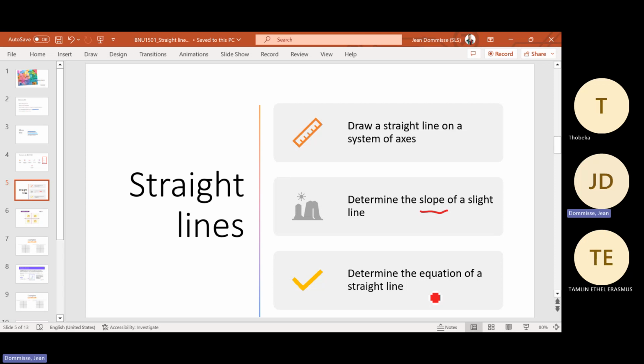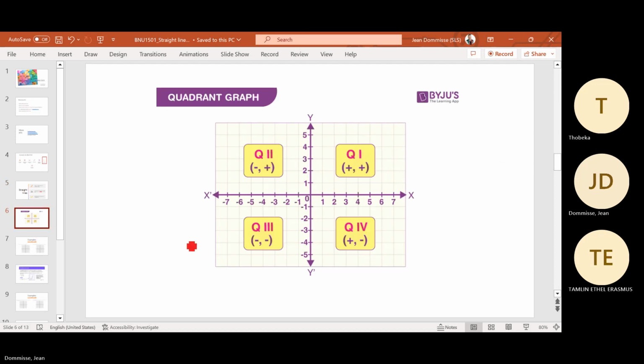You will need to work out what the slope is, and you will need to be able to determine the equation in the end. Okay, so those are the 3 things that we will focus on with straight lines.